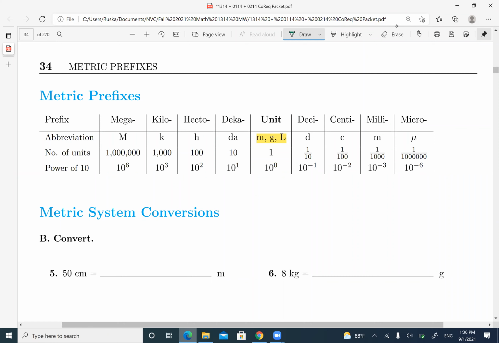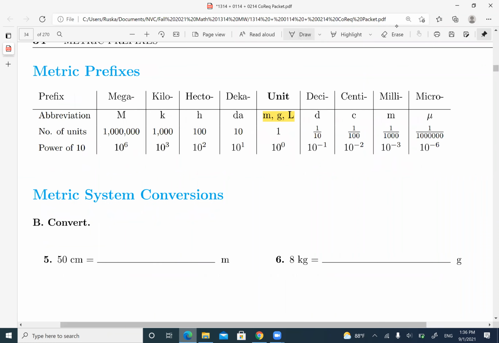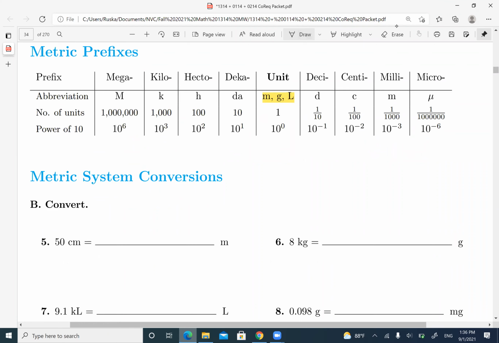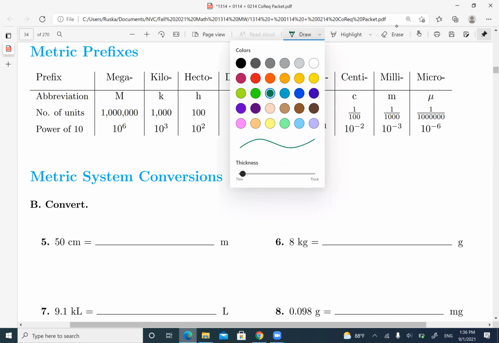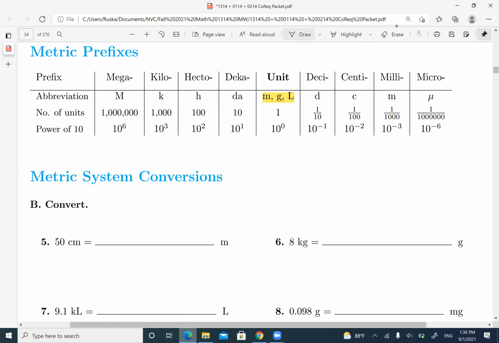So looking at number 5, the example we have here, let me make it like this so I can see. We're going to change centimeter to meter. So that means I'm going to go from centimeter to meter, right?